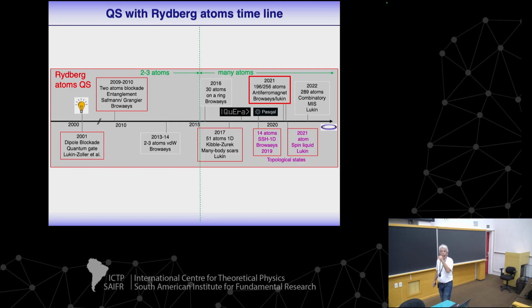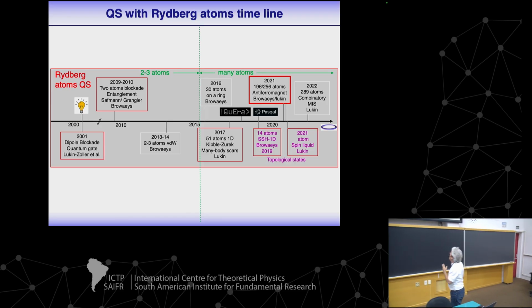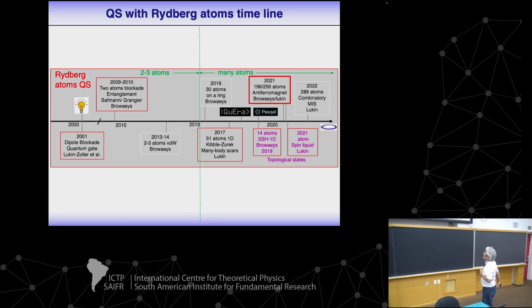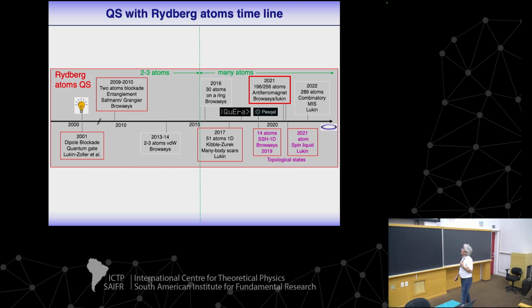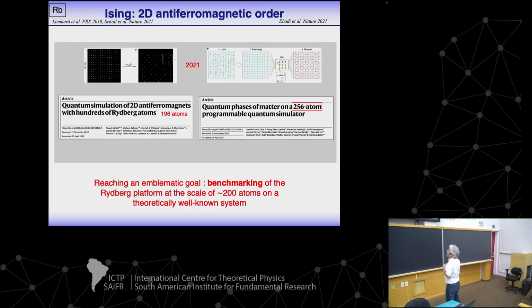Up to now, I have considered one-dimensional arrays, and we enter at that time, 2020, so not so far away from us, into the many-body physics of 2D systems. So let's focus on this experiment.